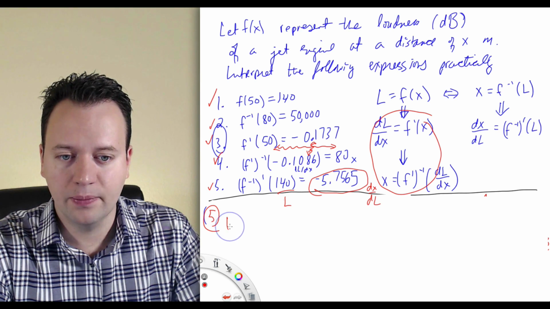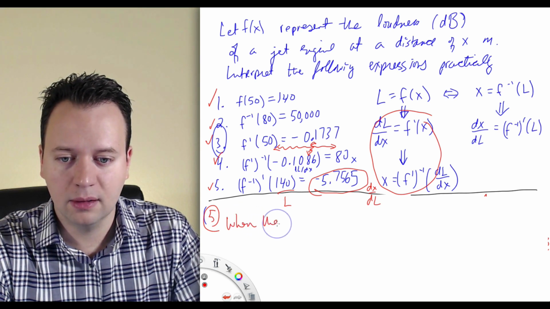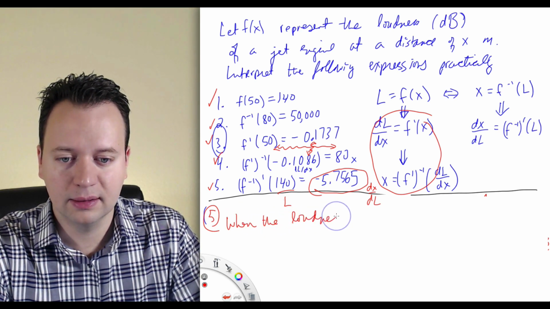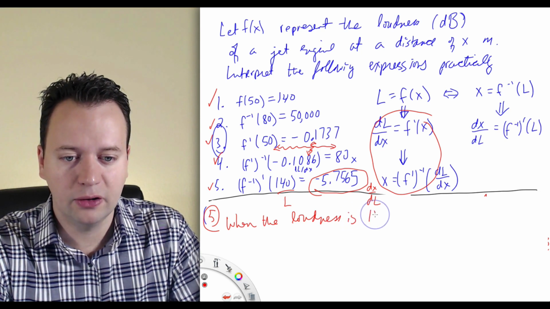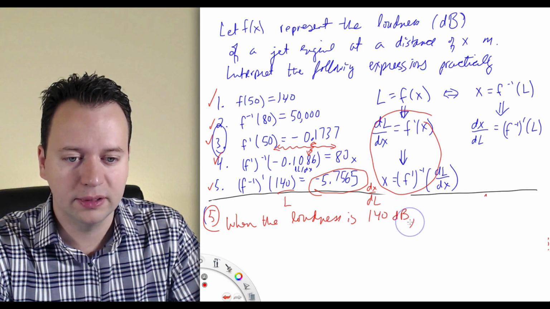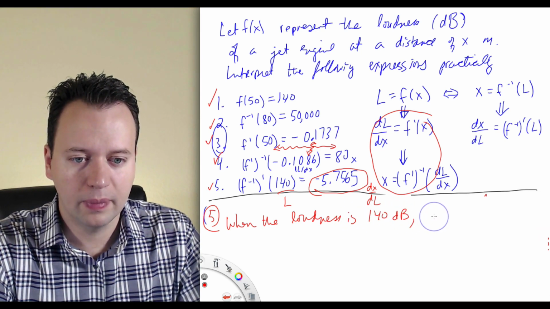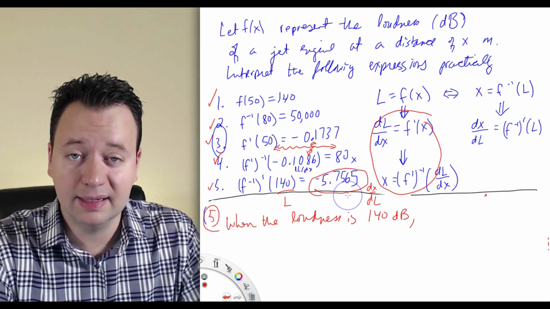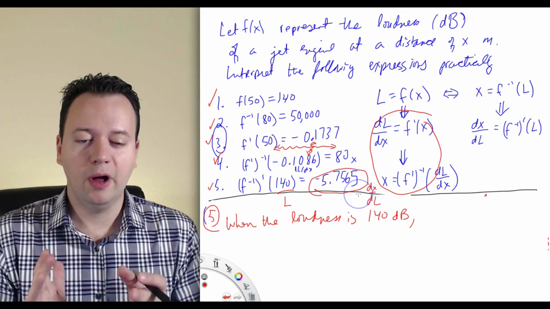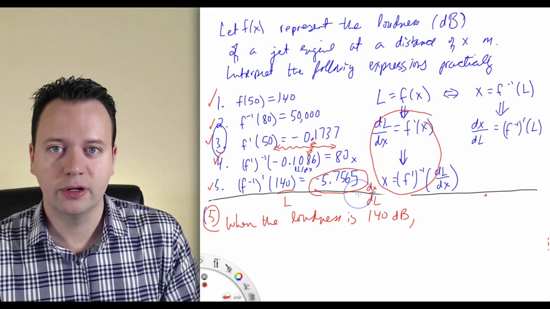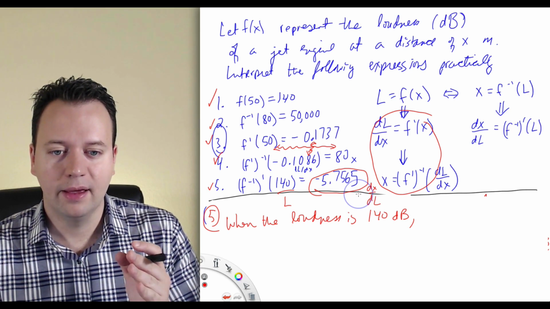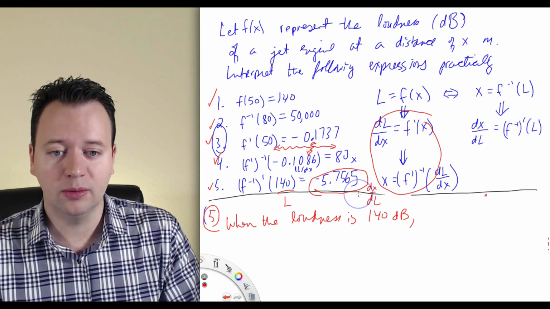So we can say when the loudness is 140 decibels, so this is dx/dL. So it's how much the distance has to change so that the loudness changes by 1 decibel.